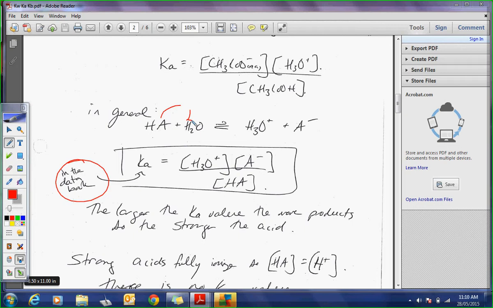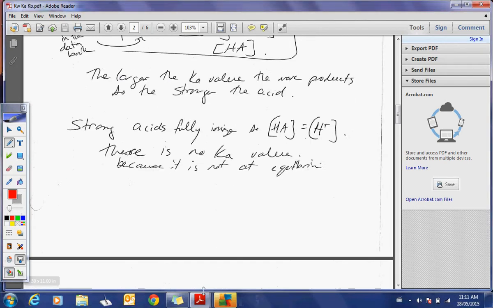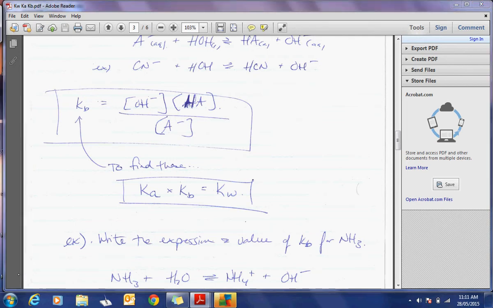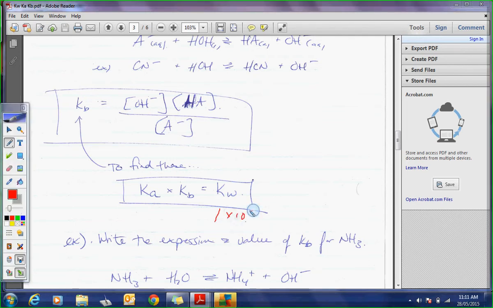But there aren't any Kb values. And they might ask you for a Kb value. So you find the Kb value by doing this fancy-dancy equation. That one. Ka times Kb equals Kw. And at 25 degrees Celsius, Kw is? 1 times 10 to the power Good. 1 times 10 to the power of negative 14.